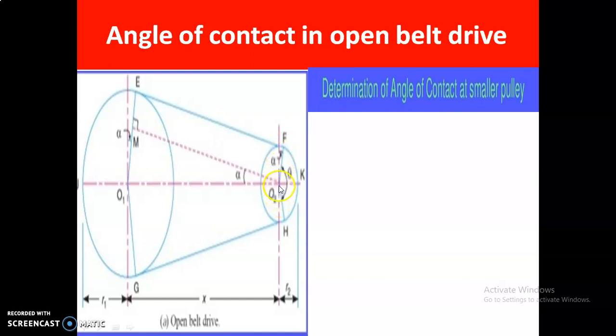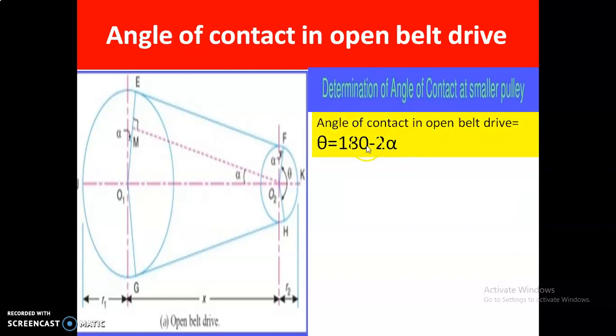Similarly, the angle between the pink color line and the line O to H is also alpha, so altogether 2 alpha. If we subtract 2 alpha from 180 degrees, we get theta. So the angle of contact in open belt drive, theta is equal to 180 minus 2 alpha.